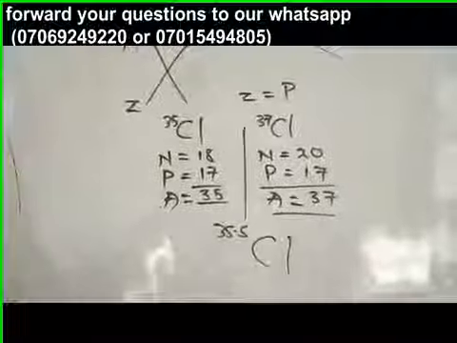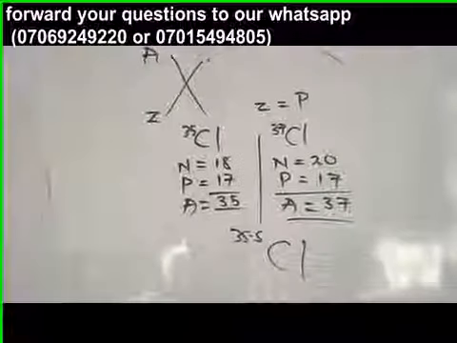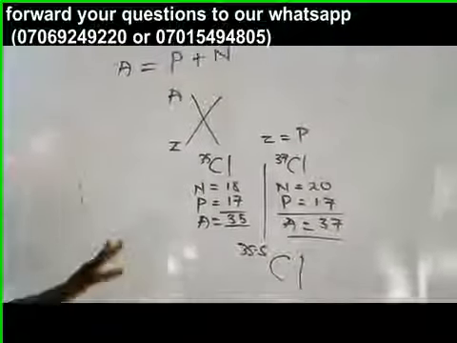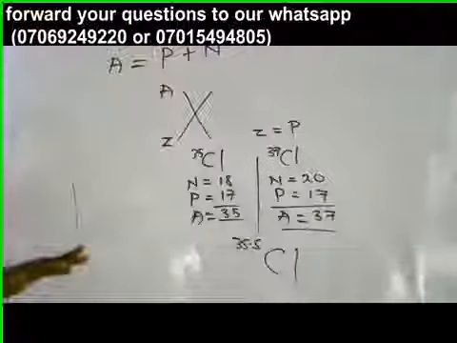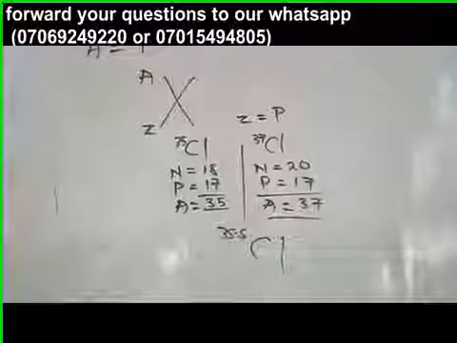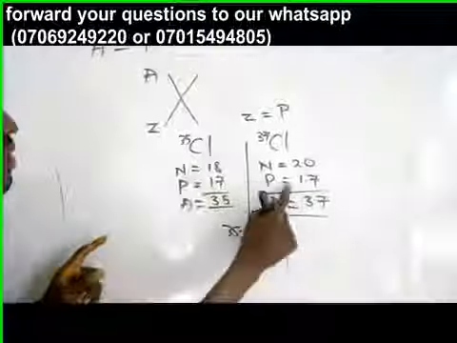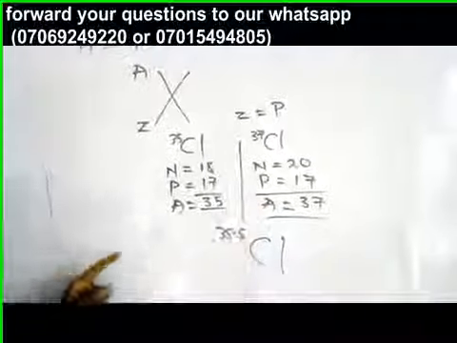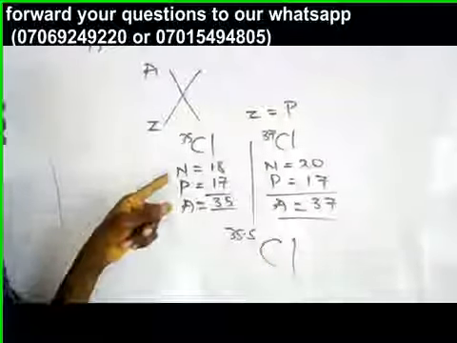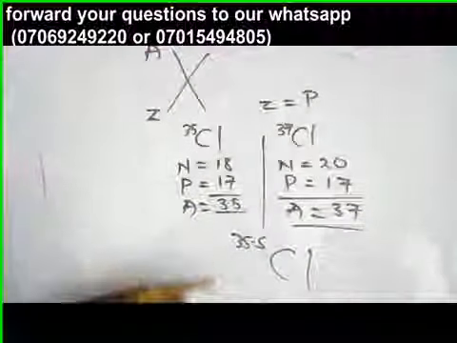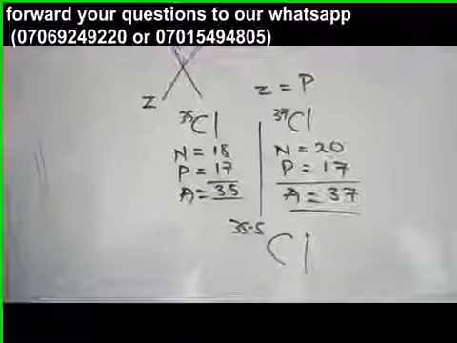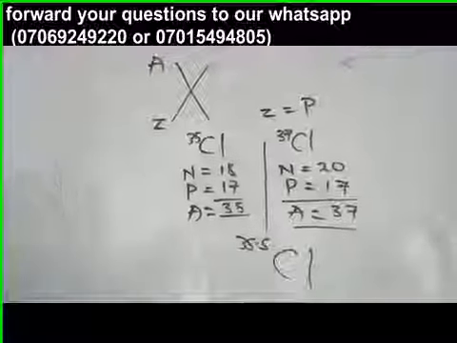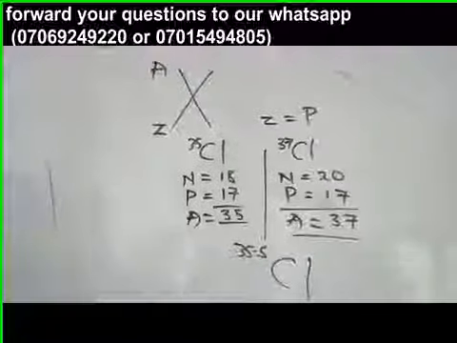So we said that isotopes are atoms of the same element that have the same atomic number, that is the number of protons, but different mass numbers. This is due to the difference in the number of neutrons in the atom.